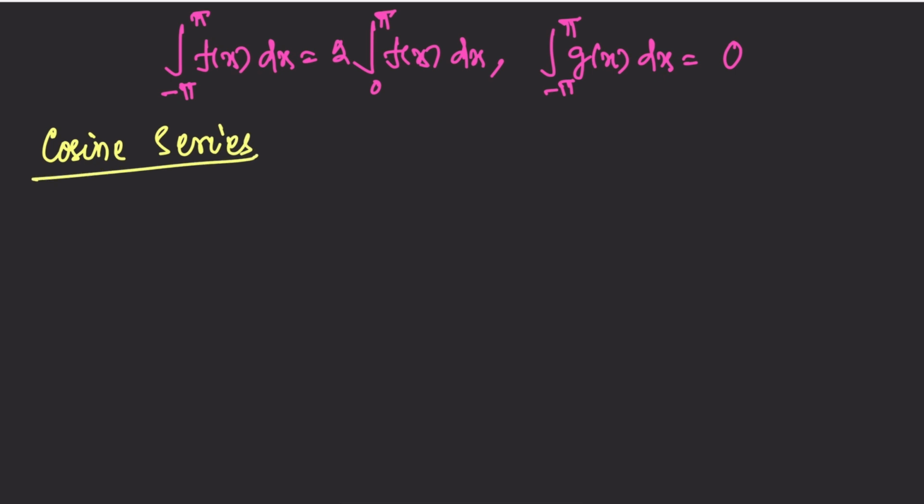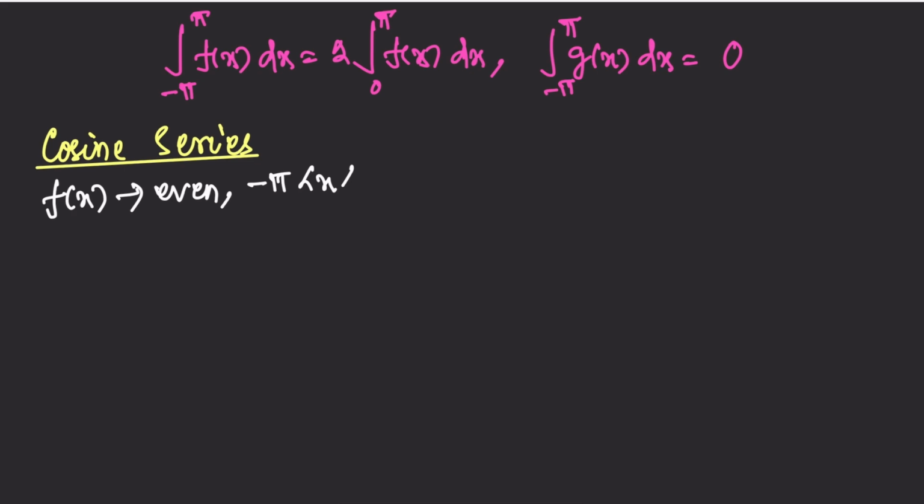Cosine series. Let's consider the Fourier series expansion of an even function on the interval minus pi to pi.